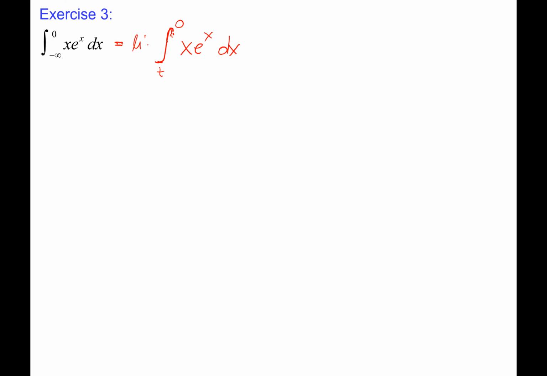And of course, t goes to negative infinity. That means I have my limit, but I have to focus on integration first. X e to the x. I believe this is a good integral for integration by parts.